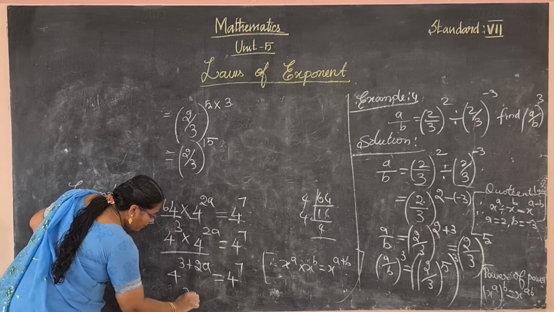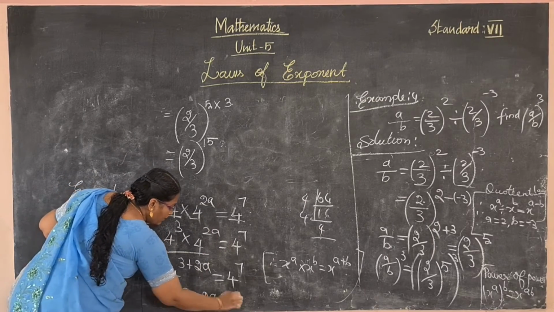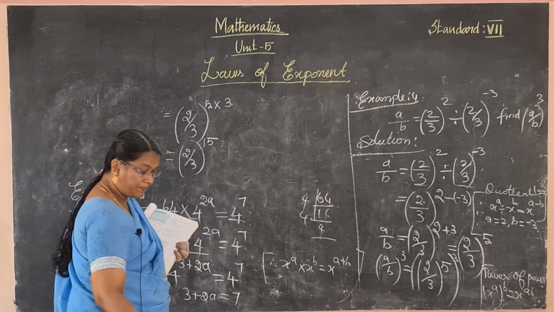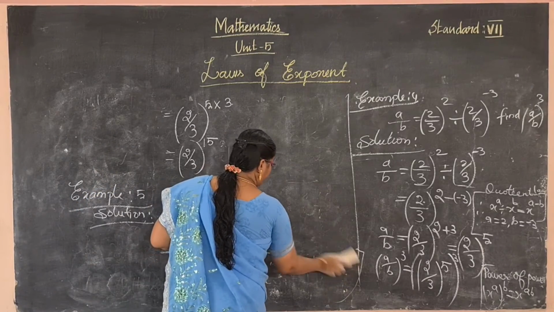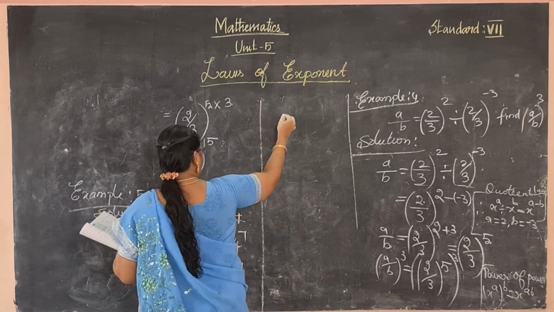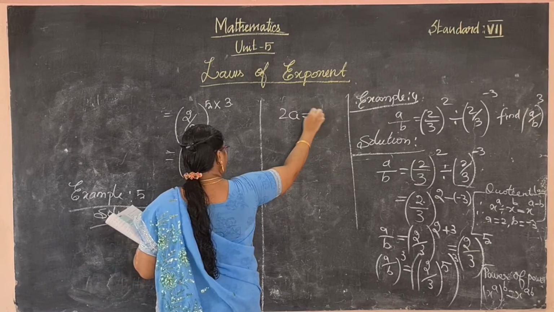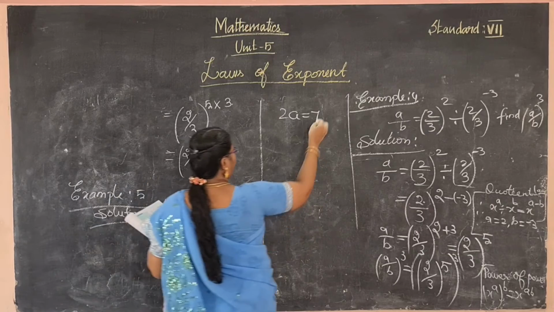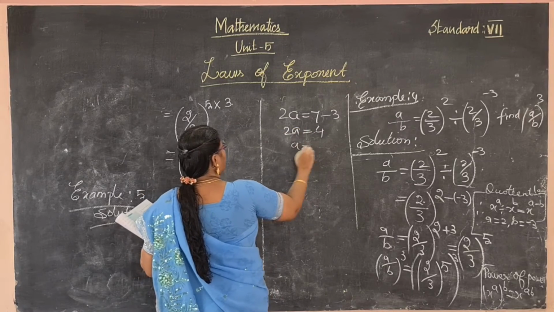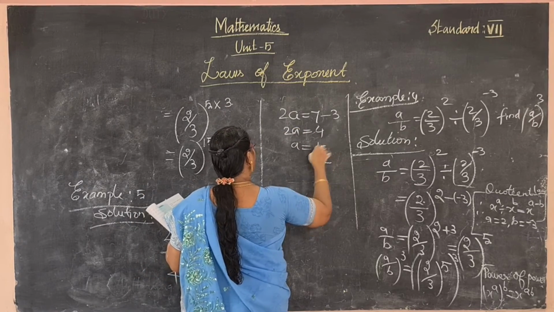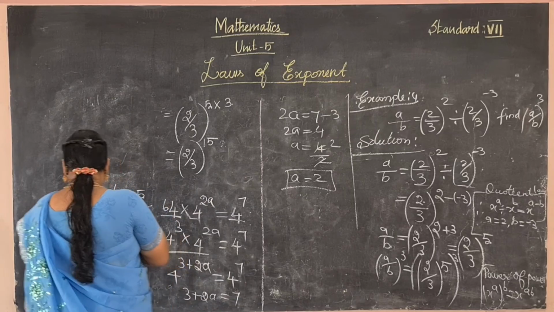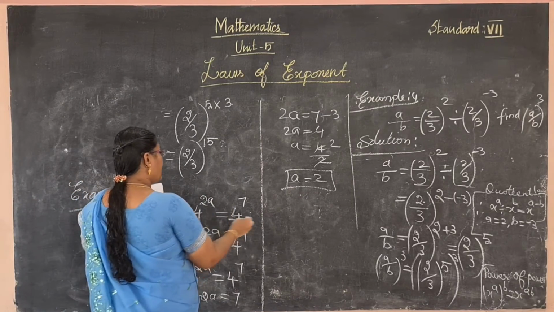So 3 plus 2a is equal to 7. 3 comes to the other side by the transpose method, minus 3. So 2a is 4, so a is equal to 4 divided by 2. So a equals 2. Okay, that's it. Next example.